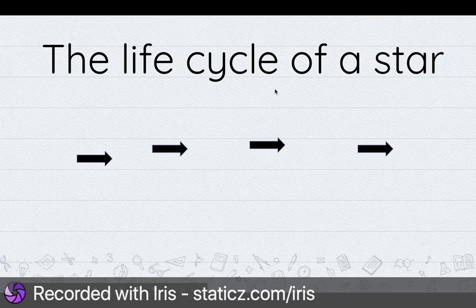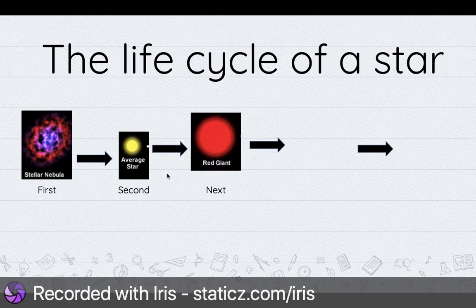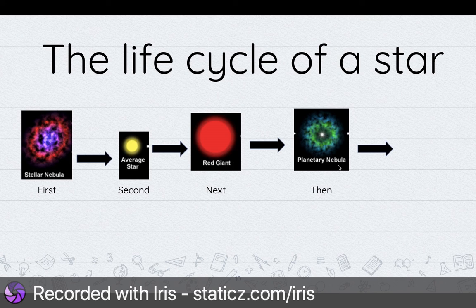The life cycle of a star. These are the 5 stages. First, stellar nebula. Second, average star. Next, red giant. Then, planetary nebula.